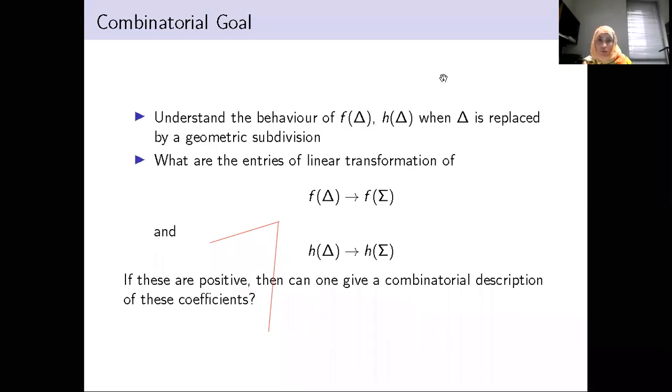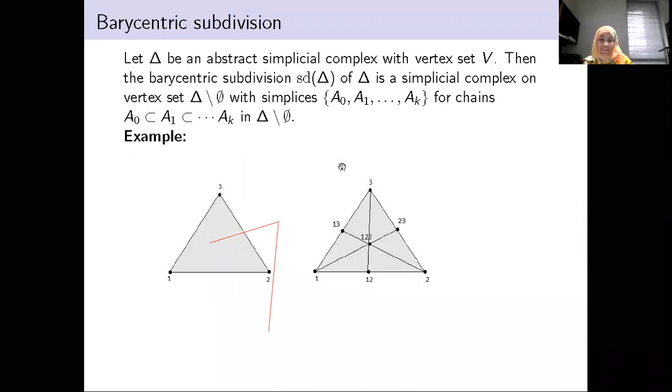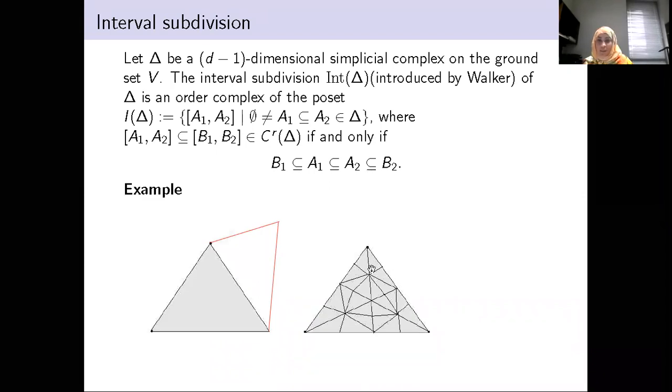Okay, so let's move on. Shaheen, there is another question. What is the basic difference between the interval subdivision and barycentric subdivision? I think it's a very clear difference from the picture. This is one particular subdivision, and this is another subdivision.